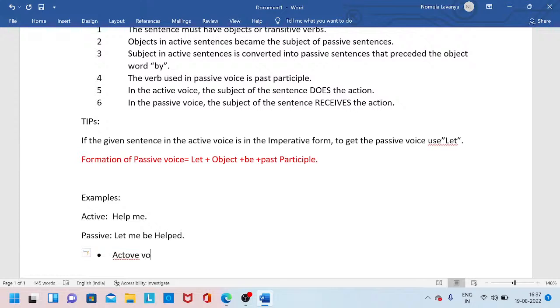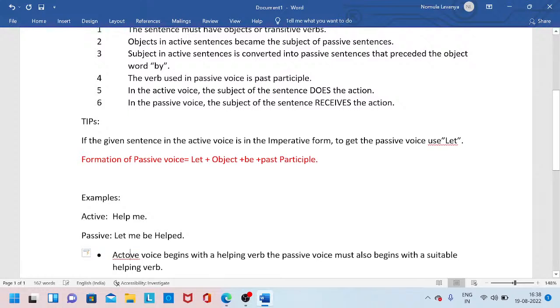Active voice begins with a helping verb.